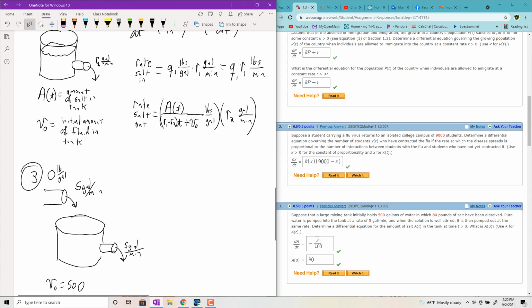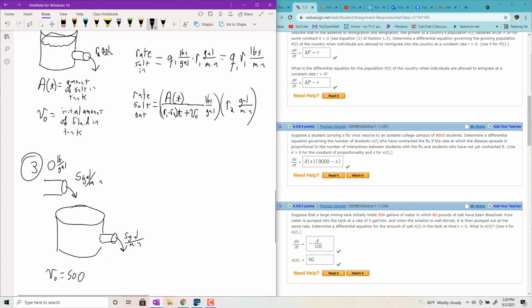And then it's pretty simple. You can just plug everything into that formula, the rate of salt in minus the rate of salt out. So your dA with respect to dt is going to be, well, let's do it one piece at a time. Rate of salt in is just 0 times 5, which will be 0 pounds per minute.